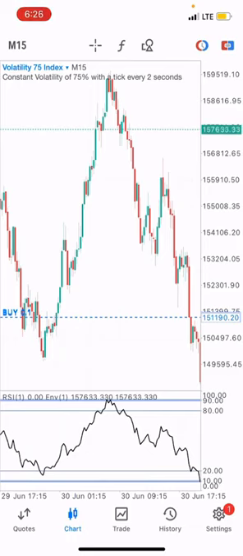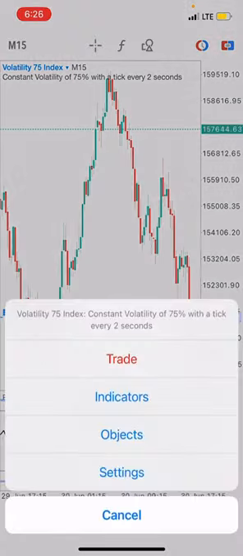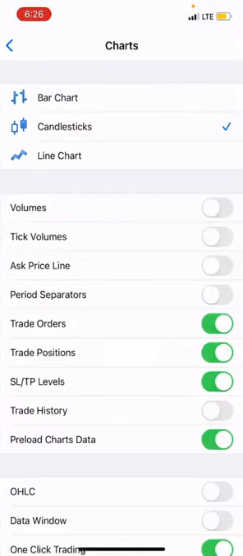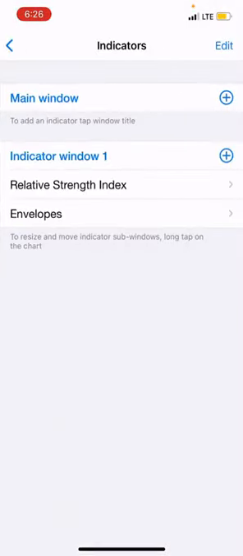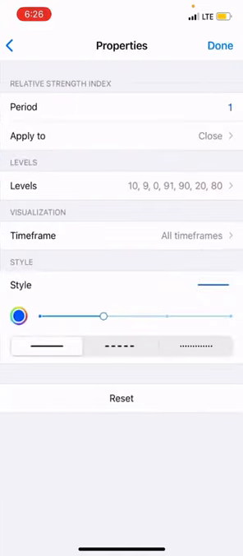So then the settings, let me show you guys the settings. This is the settings. So we basically have two indicators. The first one is the relative strength index, RSI. Then the period is 1, applied to its close.